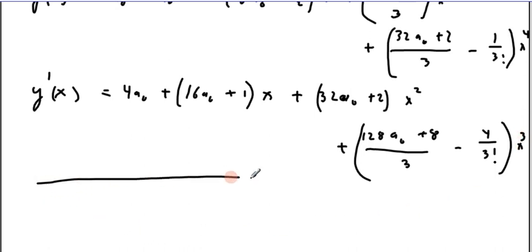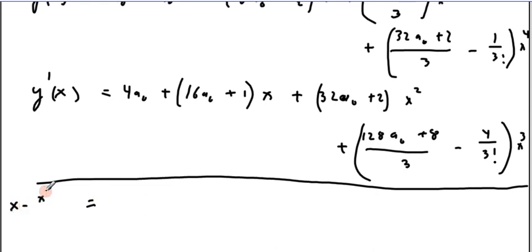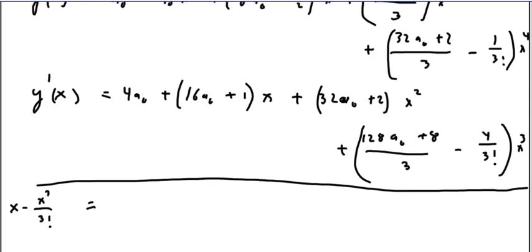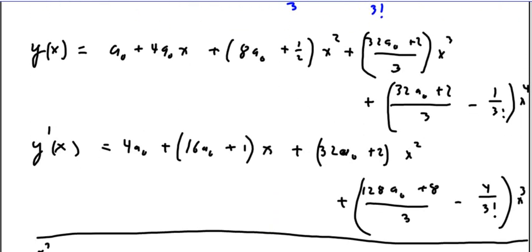Okay, so now we're going to add those guys together, and what I want to see is I want to see an x minus x cubed over 3 factorial, which are the first two terms of the sine guy. Okay, and what was the problem we're working on? It is y double prime minus 4. So I got a minus 4 of them, 1 of them.